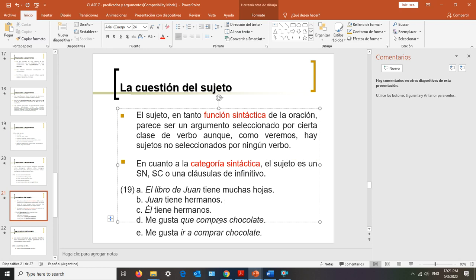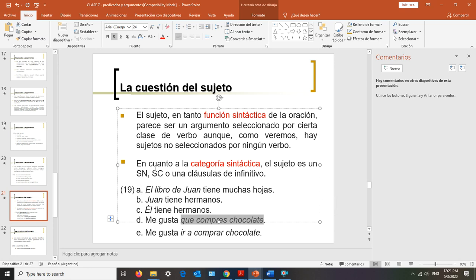Also, there is a specific type of terminology in Spanish that points to the existence of nominal sentences as subjects. It is sintagma complementante.